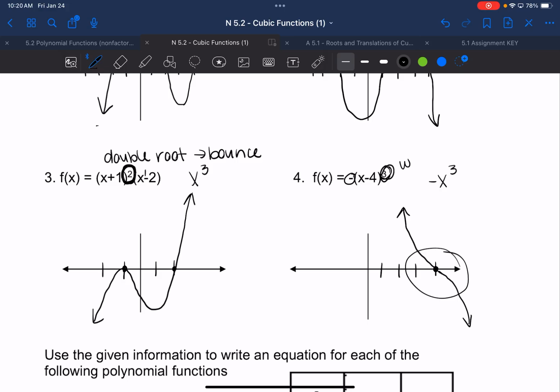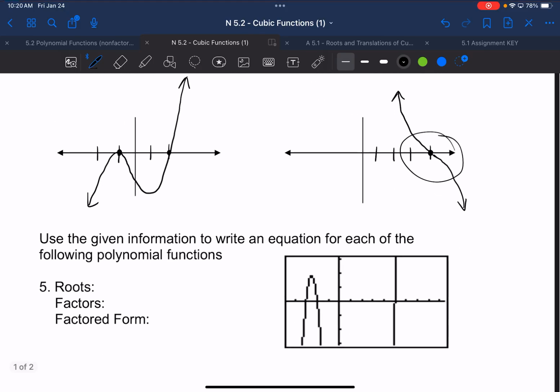Sometimes we call that a little wiggle along the x-axis. So we can have 3 things happen. If it has an exponent of 1, we just cross through like normal. If it has an even exponent, like 2, then you bounce off the x-axis. And if it has an exponent like 3, 5, 7, so on, we have that little curve or that wiggle on the x-axis.